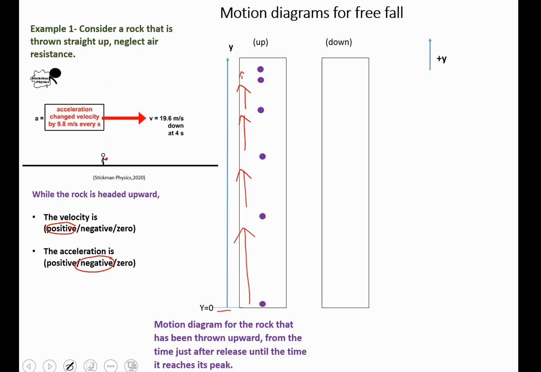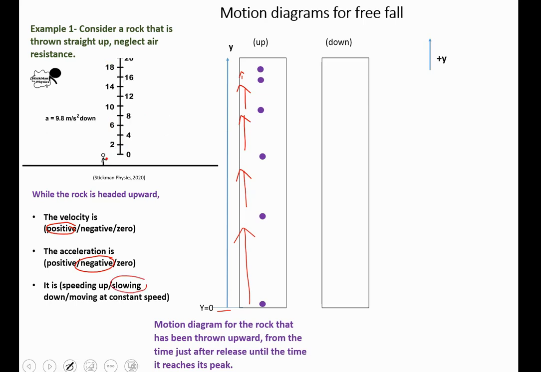Now, is it speeding up, slowing down, or moving at a constant speed? What do you think? In the motion diagram, you can see the distance the object travels every interval of time is decreasing, and that means the object is slowing down while moving up. So it's slowing down while moving up.